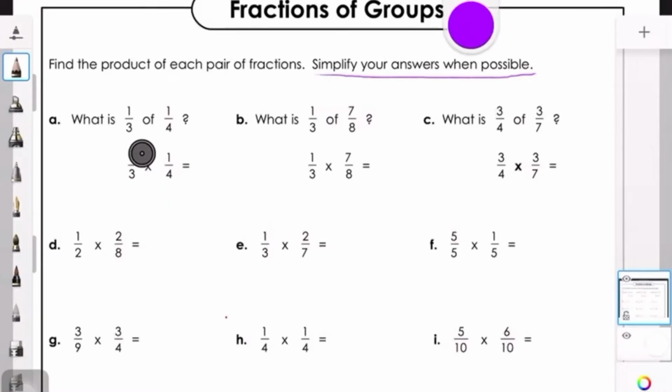The numerator of this fraction is 1. Let's look at 1/4. The numerator of this fraction is also 1. 1 times 1 is 1.